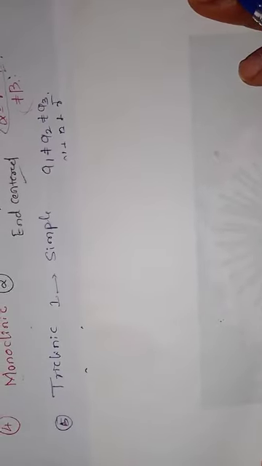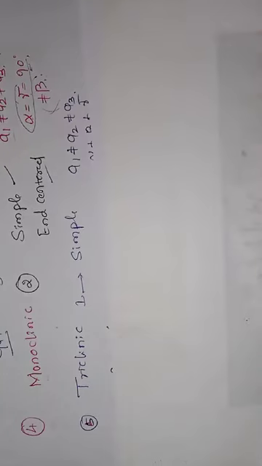First we studied the cubic crystal system. In the cubic crystal system there are 3 types: simple cubic, body centered cubic, face centered cubic. Here the axes A1, A2, A3 are equal and the angle between them is 90 degrees.